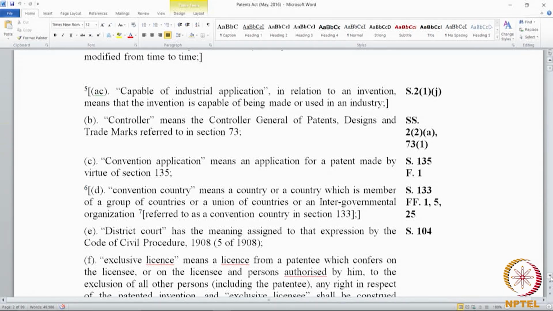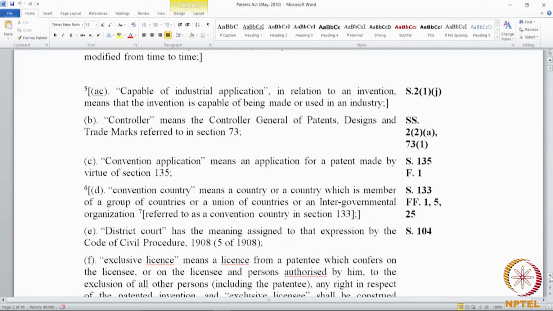The third category is where it is defined in another legislation, in another Act. For instance, controller. Controller means the Controller General of Patents, Designs and Trade Marks, the common controller who manages all these portfolios, referred to in section 73. Now section 73, you will find, is an internal reference. The reference to something outside the Act will be district court. That's a correction. It should be district court, not controller. Controller again makes an internal reference.